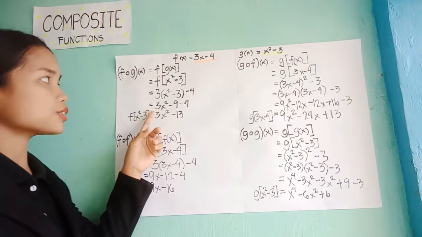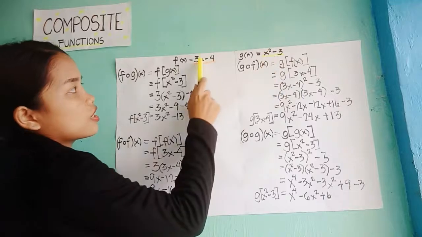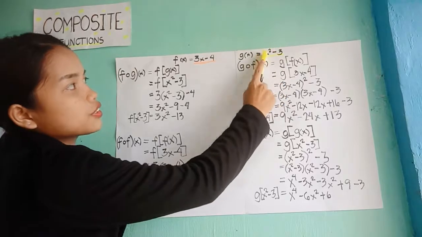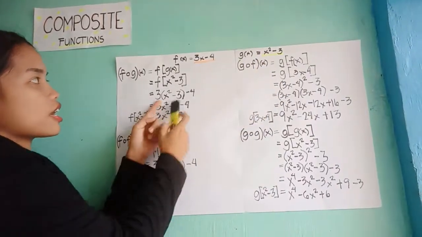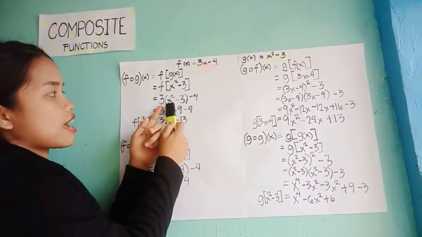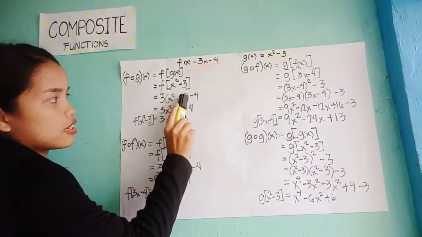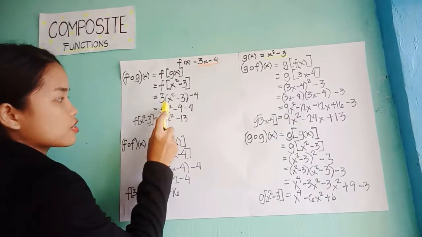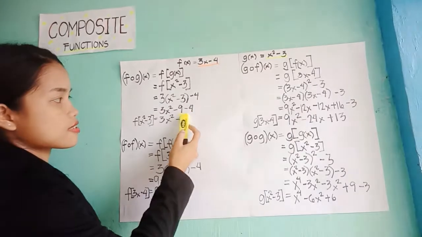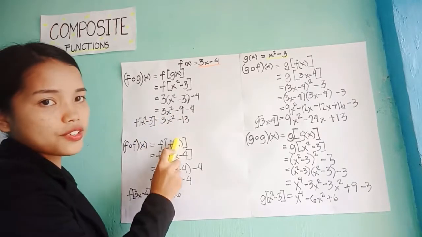We change the x in f of x to the value of g of x, so 3 times x squared minus 3, and then minus 4. First the distributive property: 3x squared minus 9 and minus 4. Then we combine these two numbers. The final answer is 3x squared minus 13.